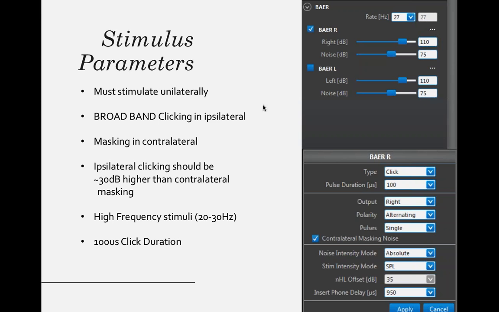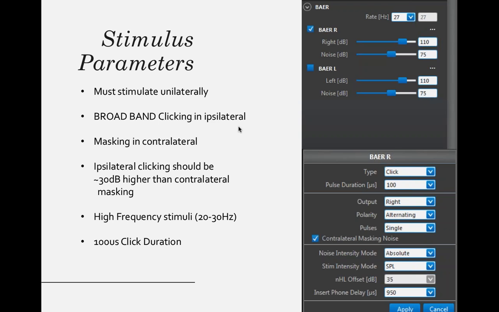But in the other ear, we have what is called masking. It is white noise. It sounds like a hiss or what your television sounds like when it's not tuned into a channel. The purpose of the contralateral masking is to block out the click stimulus from the other ear. A lot of the auditory pathways cross over inside the brainstem, so the auditory cortex on one side receives information from both ears.